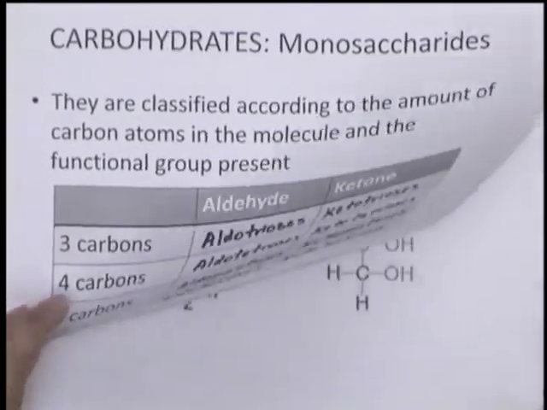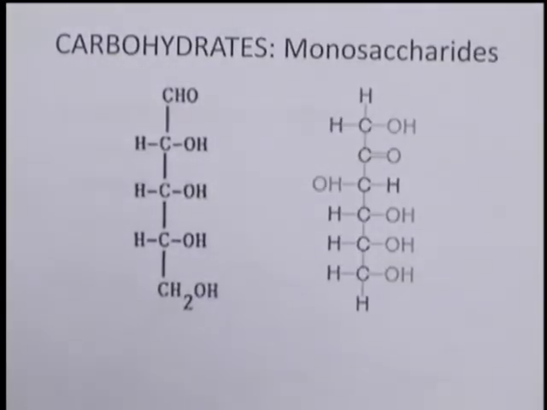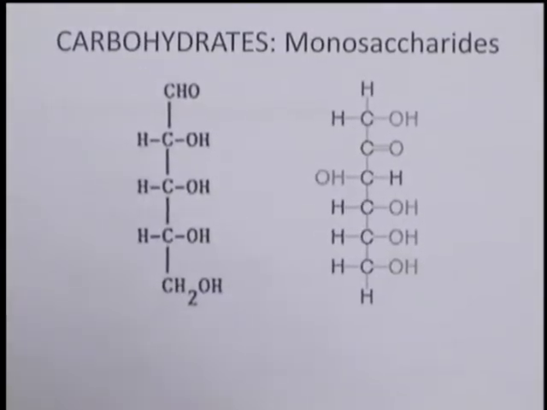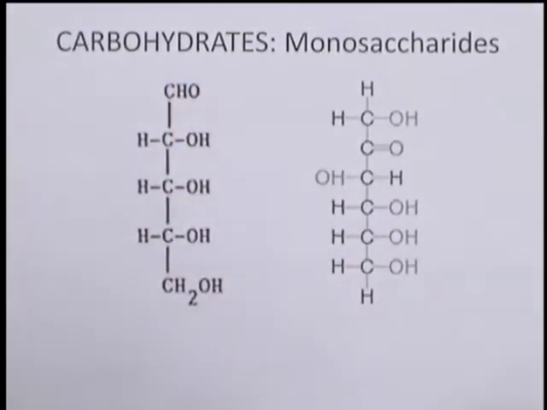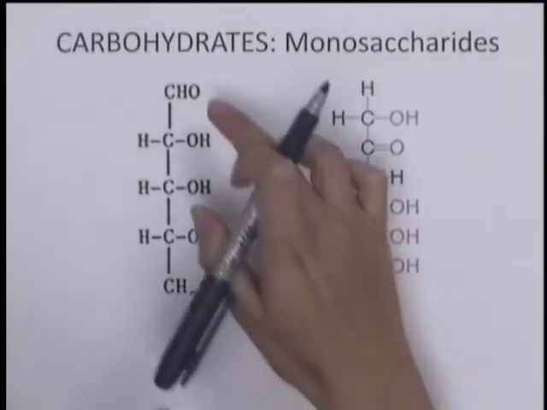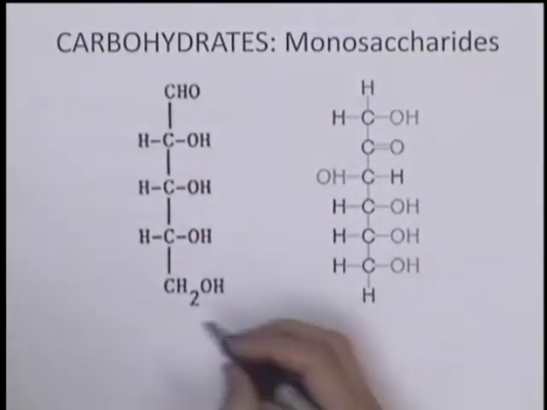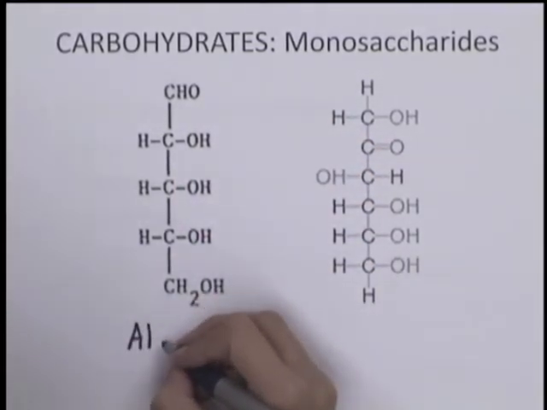So, for example, if we have these compounds, okay, the first compound has 5 carbon atoms in the molecule. It has an aldehyde as a functional group, so this one will be an aldopentose.